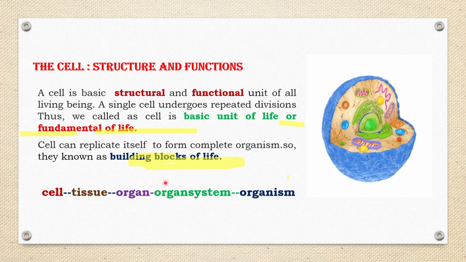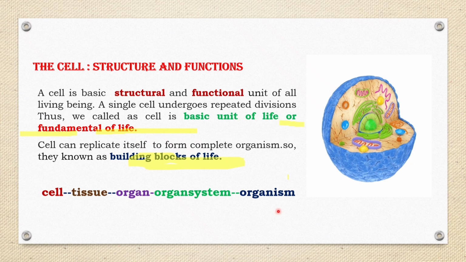Then a group of organs works together to form an organ system like respiratory system, lymphatic system, integumentary system, urinary system, and excretory system. And these systems form a complete organism.